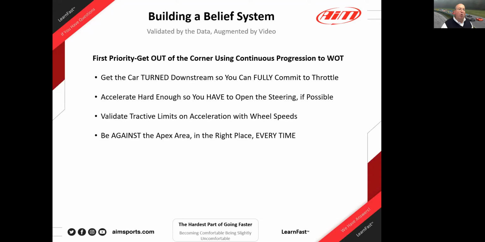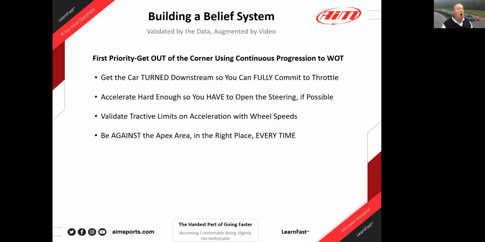It is really important to find, focus, and identify those areas of exceptional performance by yourself and by your driver in the data, backed up with video, so that you can validate the heading of the car, where it's pointed, and where it is positioned laterally on the width of the road.